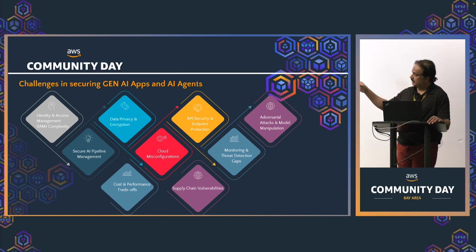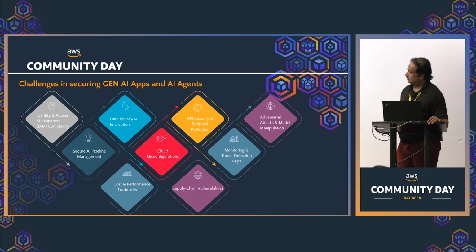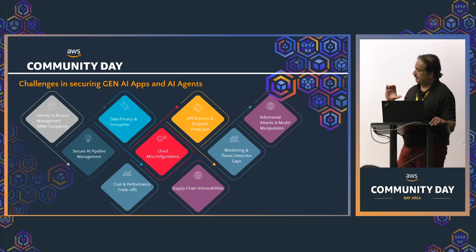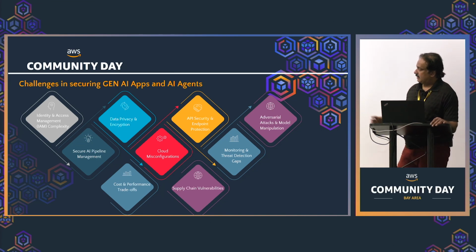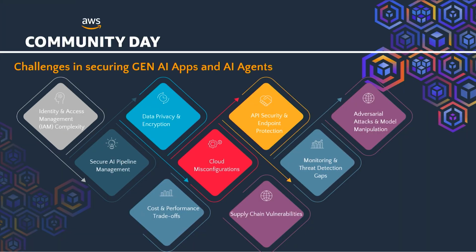And also when you design and build your application, you have to secure it from a DevOps point of view. And also from an API security point of view, you have to use the services to protect the API endpoints. And cloud misconfiguration, of course, you don't want to expose any of the data or API endpoints, and also to be able to detect threats and monitor ongoing security issues.